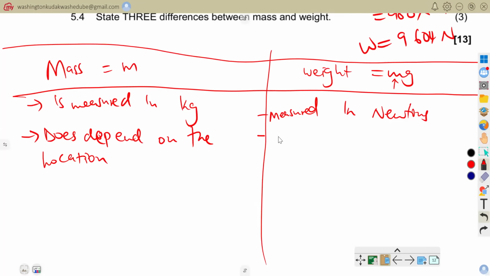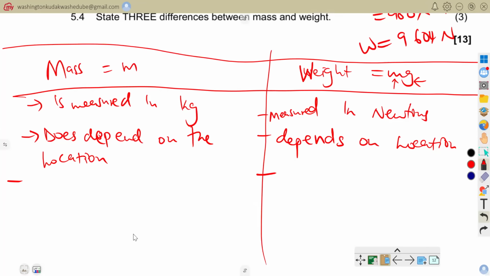Weight depends on the location. Like I said, this g depends on whether we are on Earth or on the Moon. So if g changes, our weight changes. Weight depends on location. Where are we? Are we on Earth? Are we on the Moon?